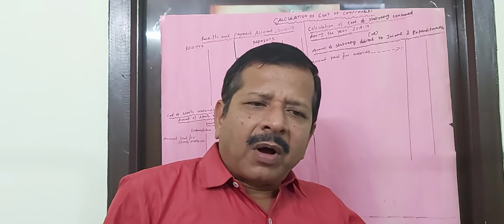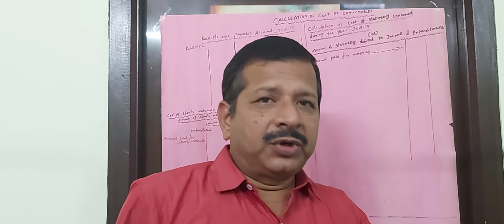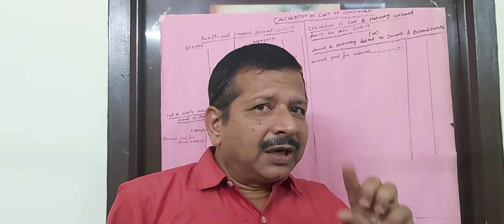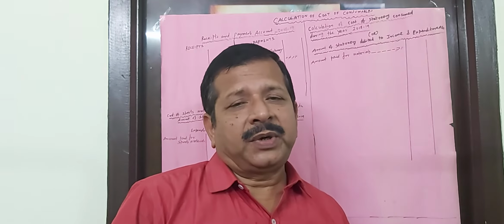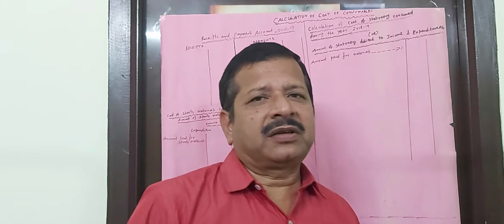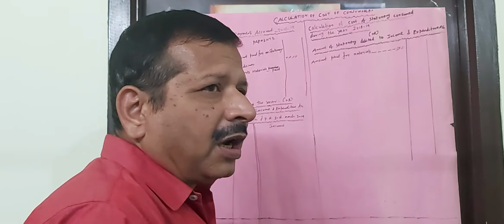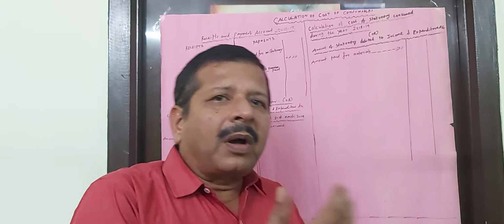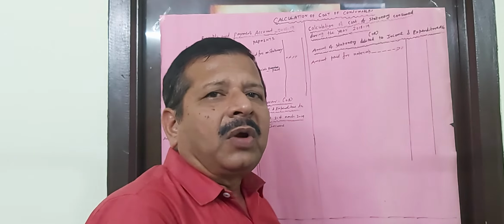Whatever amount we have actually used during the particular year has to be recorded in the income and expenditure account, expenditure side, as per the accrual basis. What is the practical problem you will be facing? I am explaining to you. I am giving one demo to you.